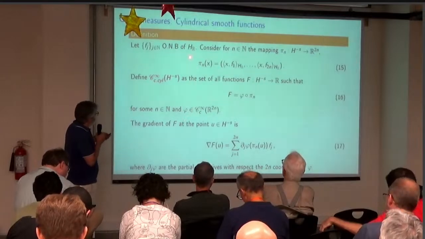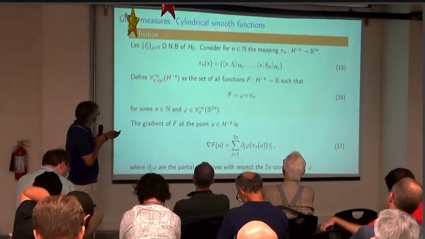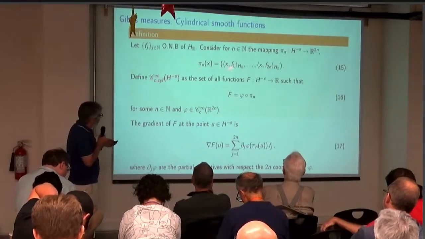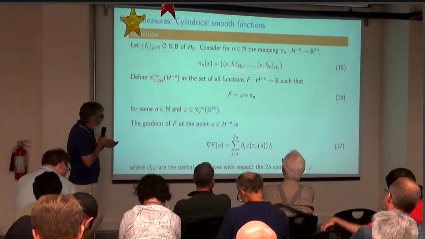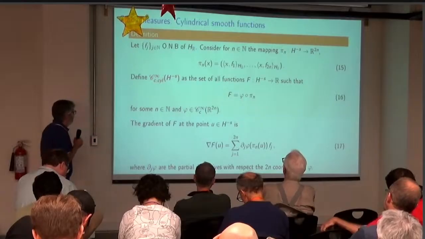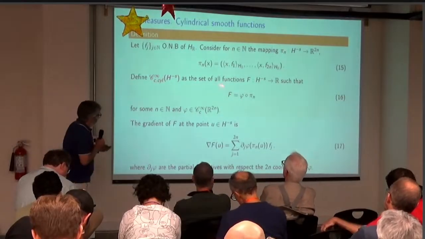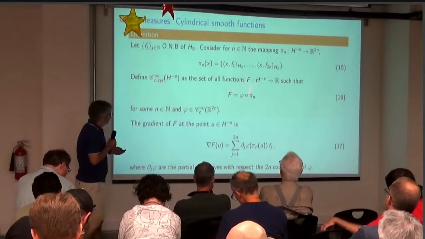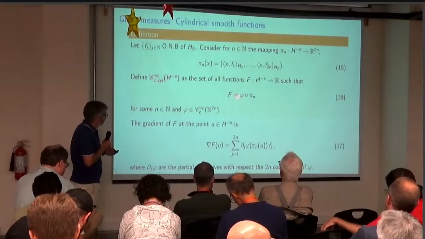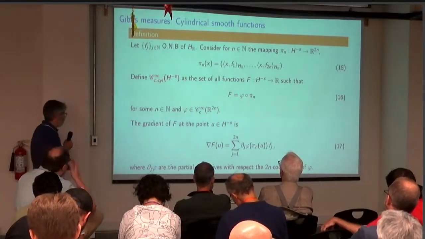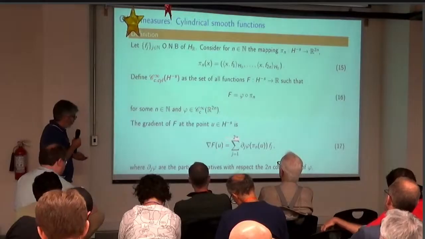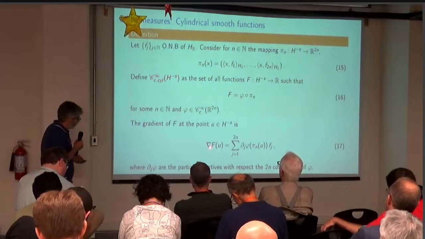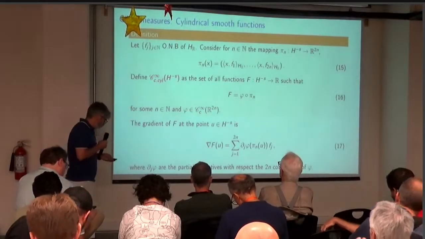Okay, so you define what we call cylindrical smooth functions by just projecting down on a finite number of modes or directions, and you say that all functions of this type, with phi being smooth, are cylindrical functions. On these functions, you can define without ambiguity the gradient of f, and it makes sense and is also smooth again.